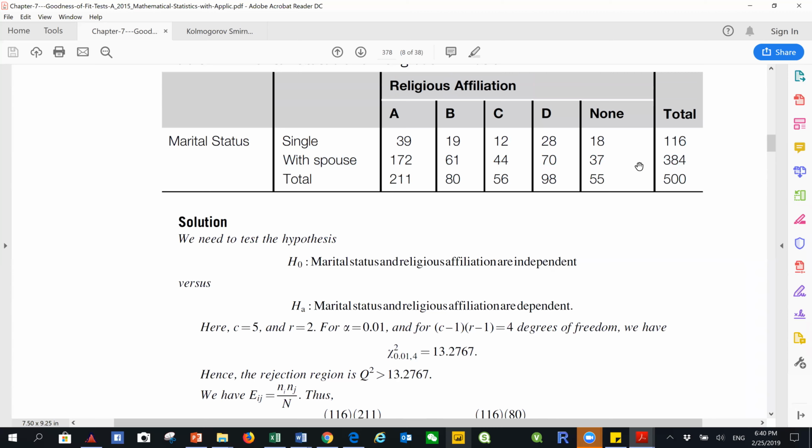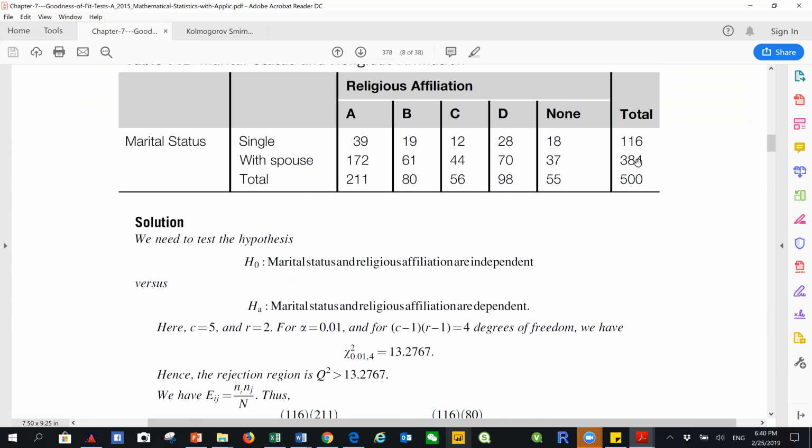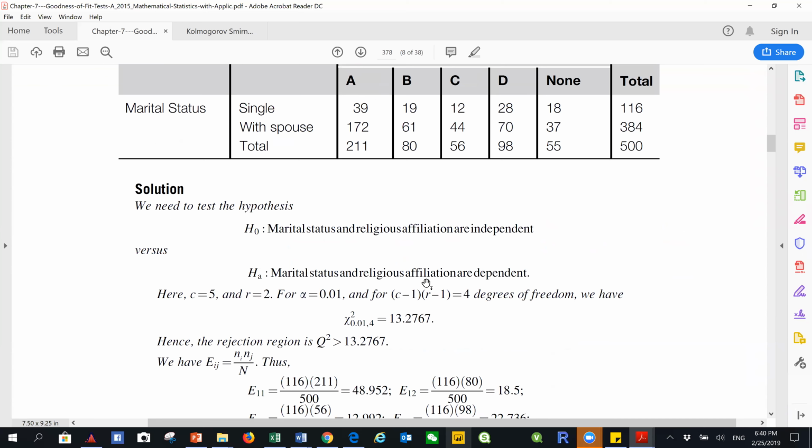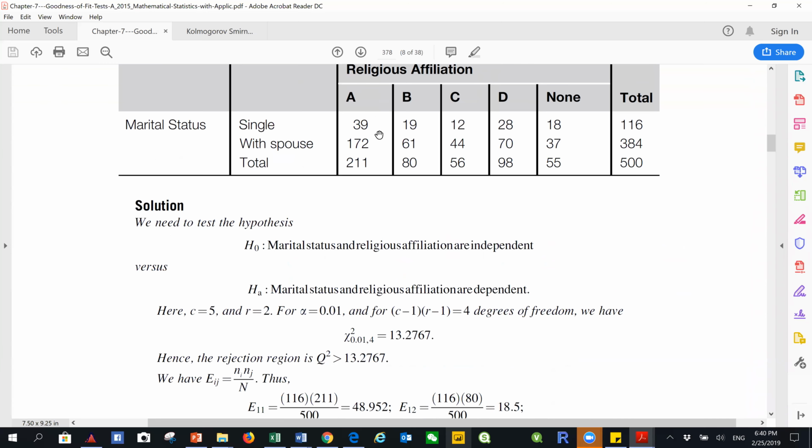So if this is the same throughout the religious affiliations, because 116 divided by 500 and 384 divided by 500 give the percentage throughout the religious affiliation, and the test comes out the same, then we can say religious affiliation doesn't change the proportion of marital status.